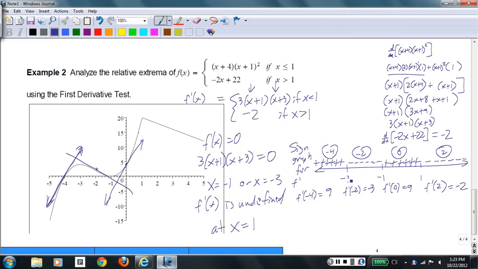So that's the conclusion: f has a relative maximum at x equals -3, because f prime is positive to the left and negative to the right.